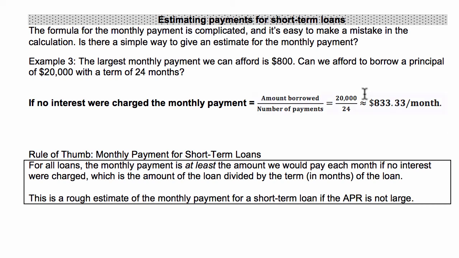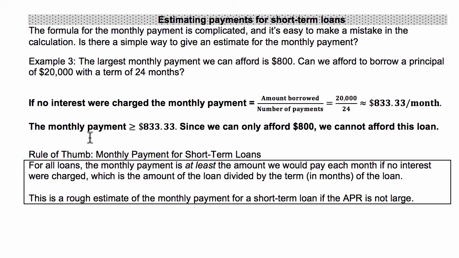Notice, this is the lowest possible monthly payment for a principal of $20,000 and a term of 24 months. If the APR is not equal to 0%, the monthly payment will be greater than $833.33 per month. Because the monthly payment is greater than or equal to $833.33 per month, and we can only afford $800 per month, we cannot afford this loan.